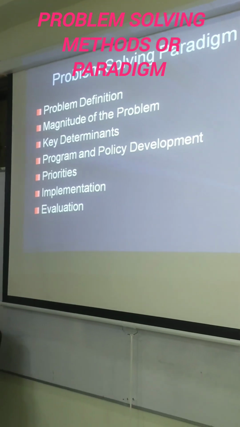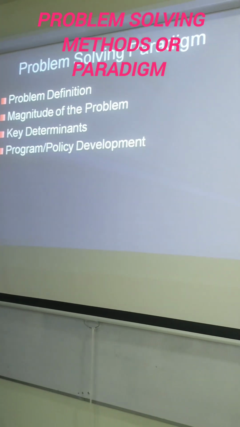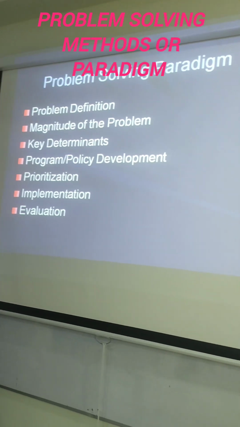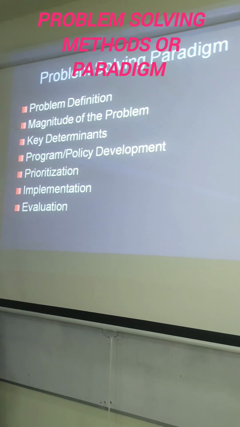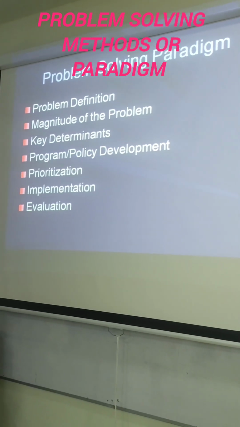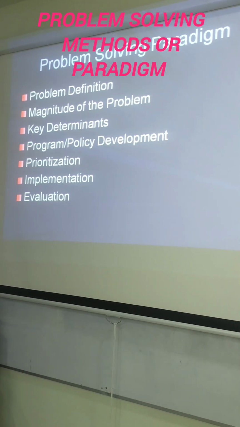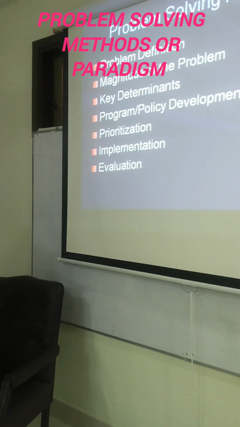Once again, to solve a public health problem, you should have these approaches. I have already mentioned them: definition, magnitude of the problem, key determinants, program and policy development, prioritization, implementation, and evaluation, to see whether the program has solved the problem or not.